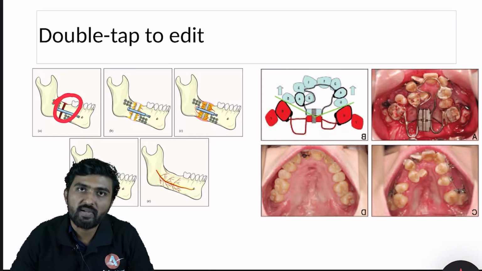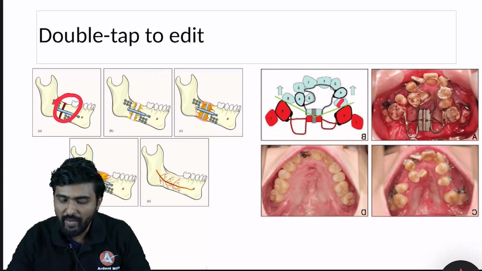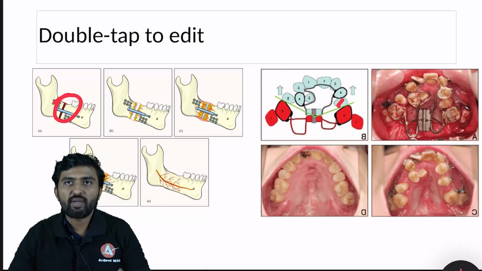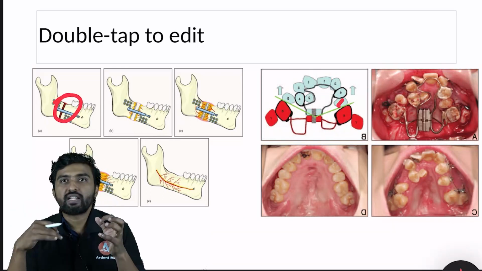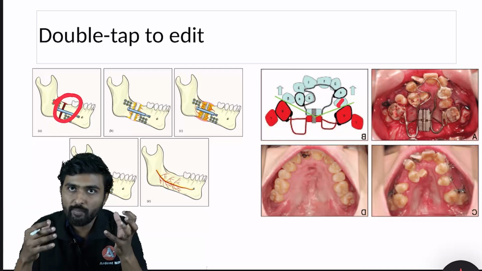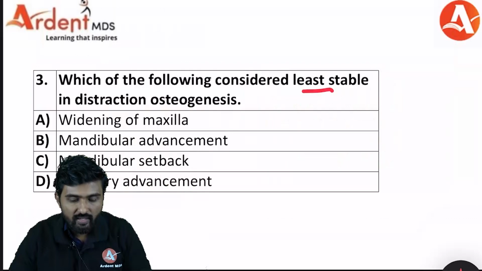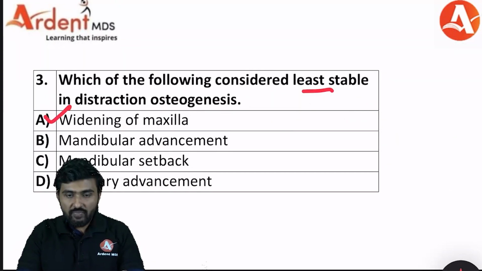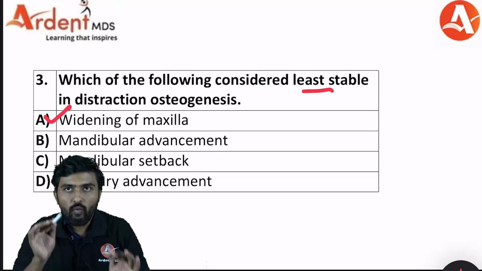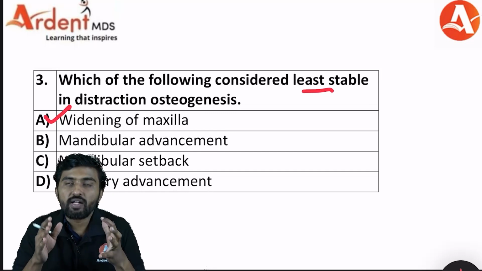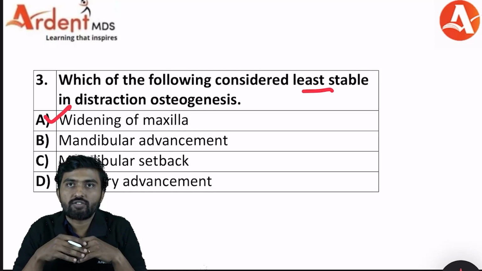This can be accomplished either in the mandible or in the maxilla, especially in patients with cleft palate, who will have a collapsed maxilla, and if that patient is amenable for surgical expansion of the maxilla, this can be considered. But when it comes to treatment stability, option number 1, the widening of the maxilla, is considered to be least stable after distraction osteogenesis.